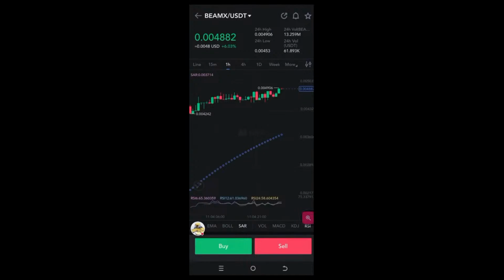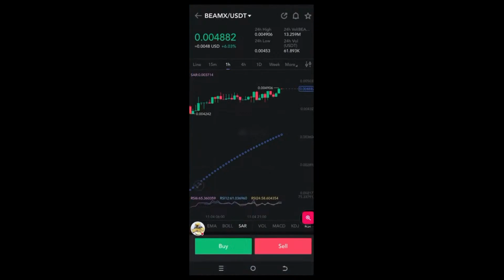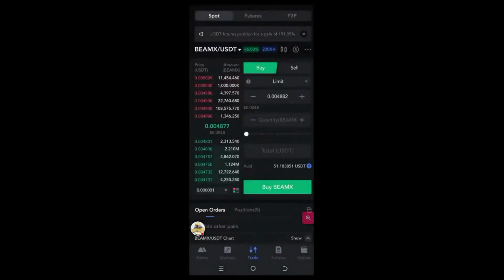I'm going to show you some examples shortly, right? Not all new coins are going to behave the way BeamX behaved, but this one is good. It's still on the upward trend. As you can see, the parabolic SAR is still pushing up. People are still buying, and as people are buying more and not selling as much, the price will keep on going high. And that's what's going on in BeamX.